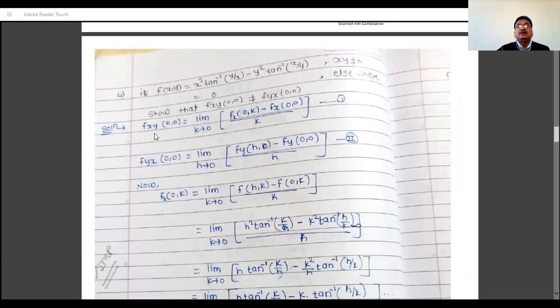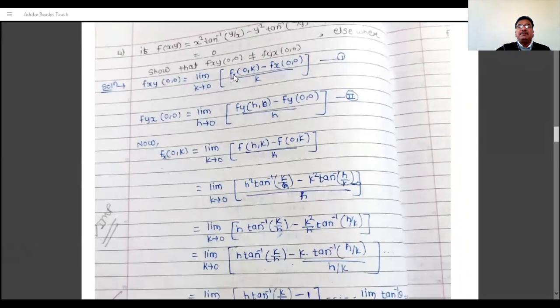These two are not equal. So what is fxy(0,0)? The meaning of fxy is the derivative of fx with respect to y. So limit k tends to 0, fx(0,k) minus fx(0,0) divided by k. That is, substitute a and b as 0, 0, and then find this fx(0,k) and fx(0,0).